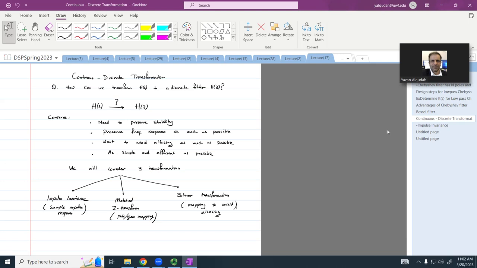So after we reviewed these analog filters, we're going to transform them into the digital domain. I said we're going to look at 3 different methods of taking an analog filter and changing it to the digital domain: the impulse invariance, the matched Z transform, and the bilinear transformation.